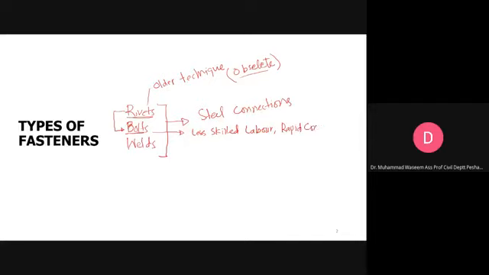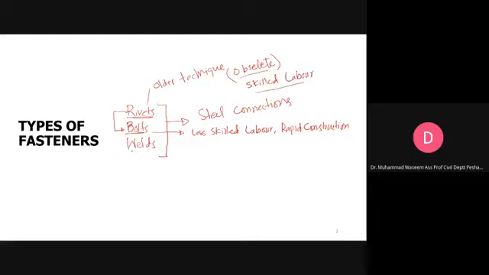Please remember this. On the other hand, rivets require skilled labor, and a rivet is a kind of permanent fastener. With bolts, we have the liberty to unbolt two components and replace bolts very easily.